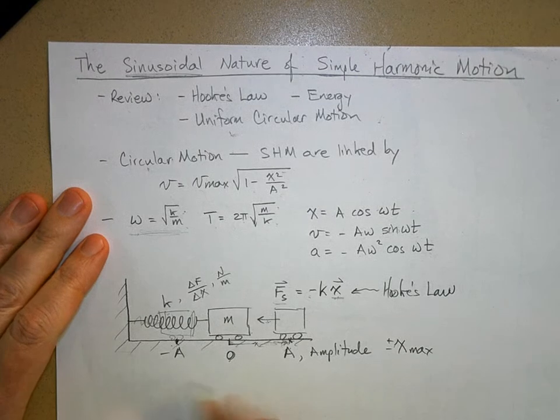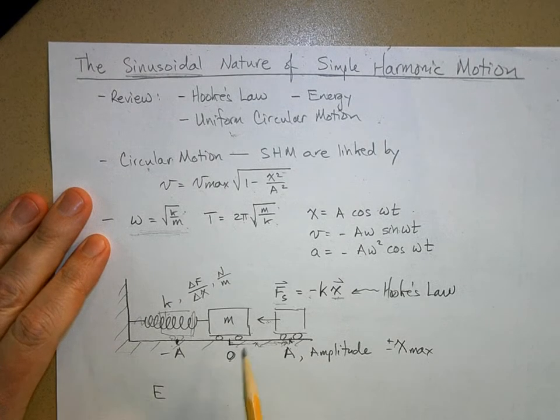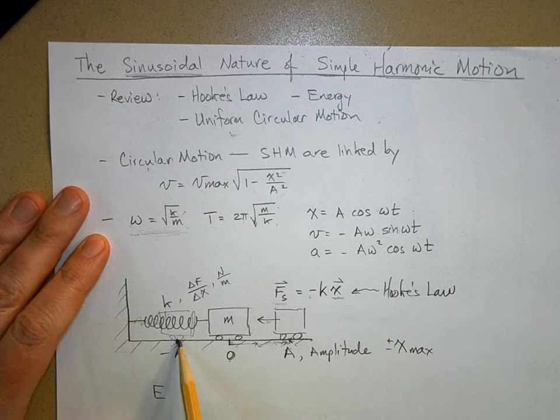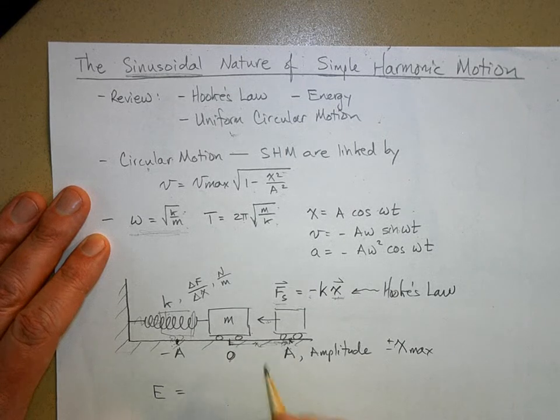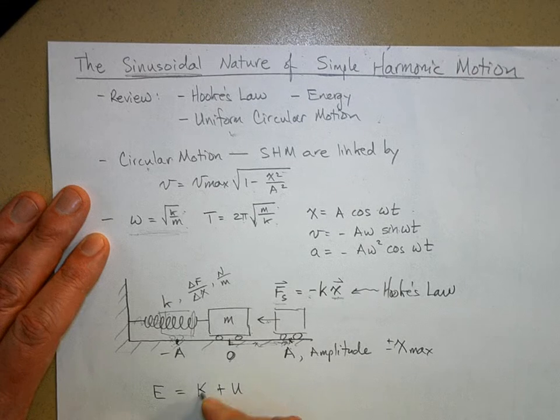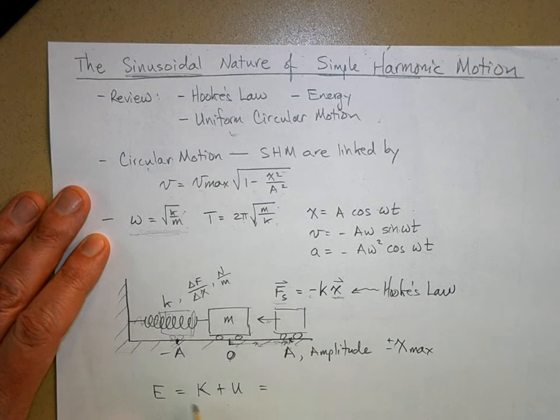The mechanical energy, well, if you're way out at the maximum amplitude away, either on this side or on this side, it doesn't matter. Remember that mechanical energy is defined to be kinetic energy plus potential energy. Now, what kind of kinetic energy do we have?